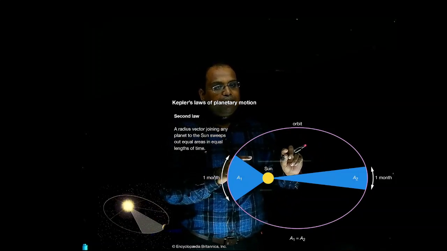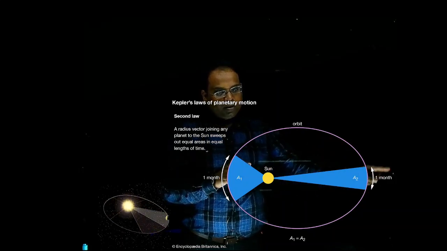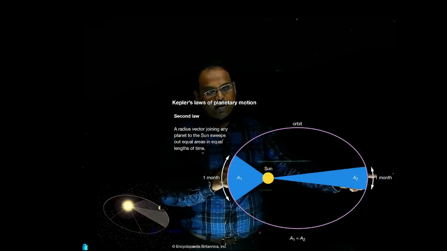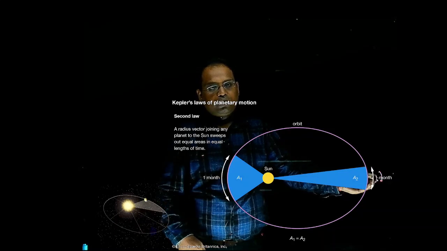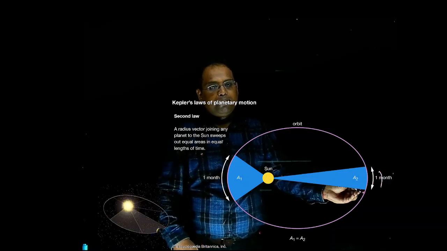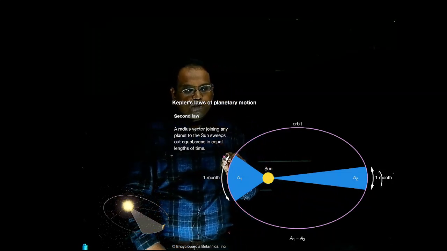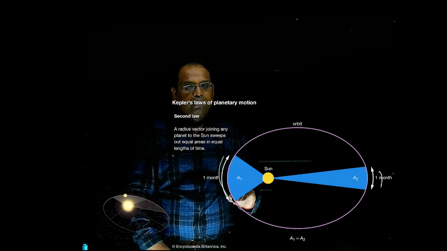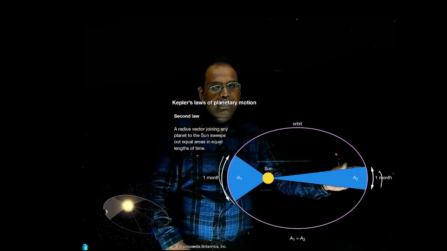So the satellite will travel between the end points of these two segments along the perimeter in the same time. From this point to this point, it will take the same amount of time as it takes from this side to this side. So this much distance is traveled in the same time as this distance. Same area, same time.